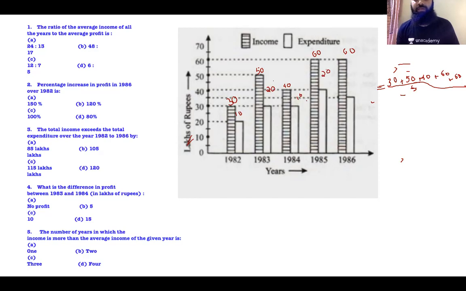This will be 25. So what is the total? 10 plus 20 plus 10, 40, 60, 85. So the average profit will be 85 divided by 5.